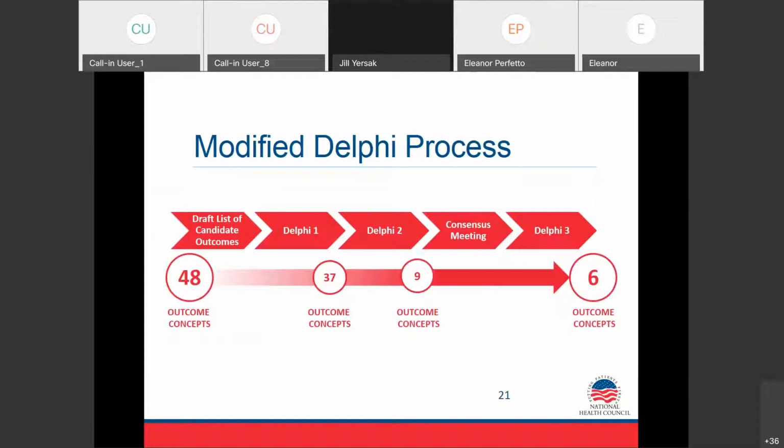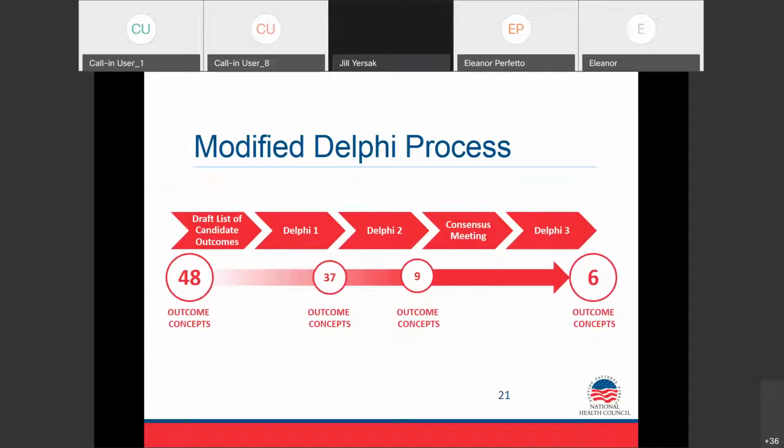And the way we do it, and this isn't how every group does it, this is our own way of doing this. In those first two rounds of survey, we have safety net criteria going from round to round, so that if an outcome concept is important to patients, then it gets passed through, even if it's not marked as important by other stakeholders.